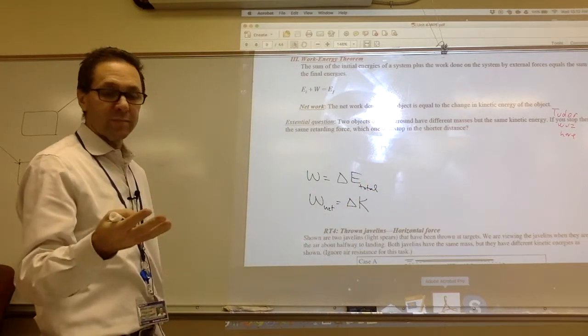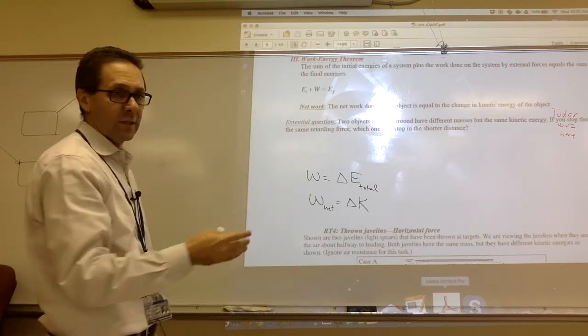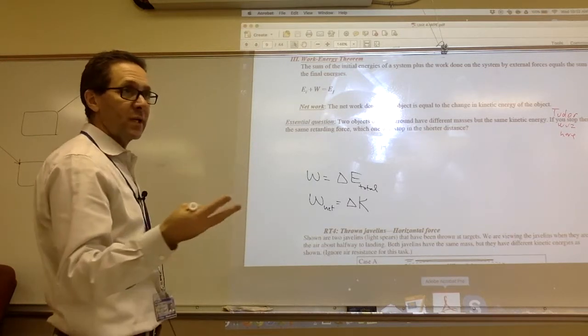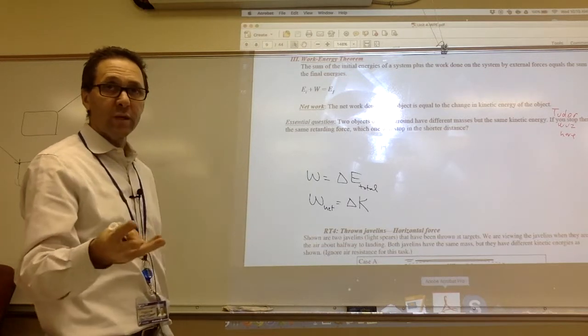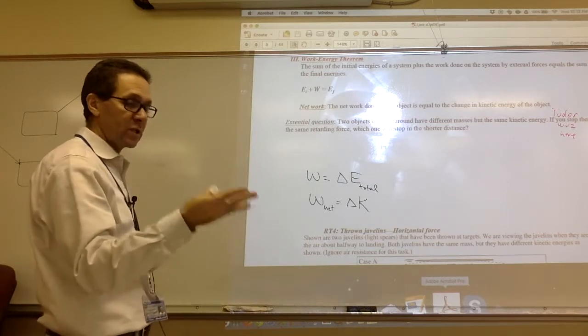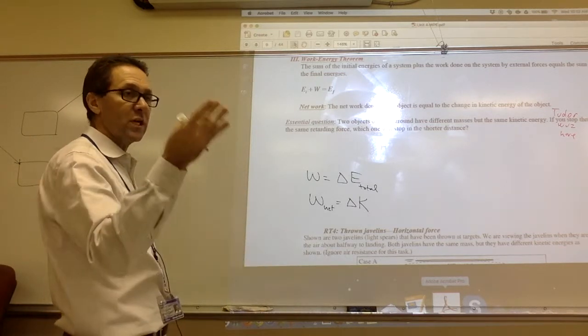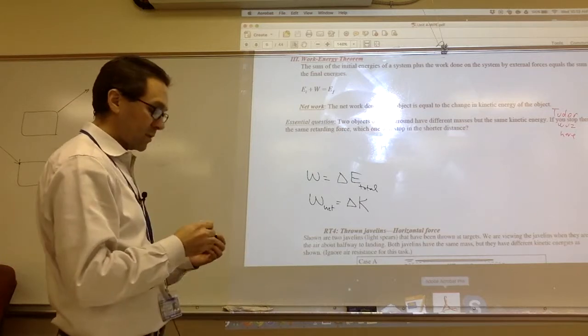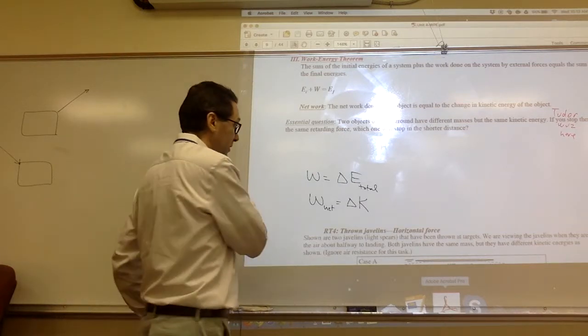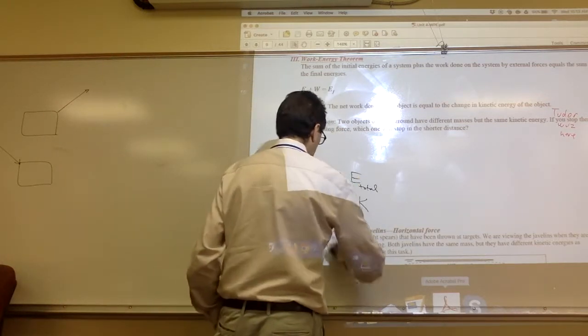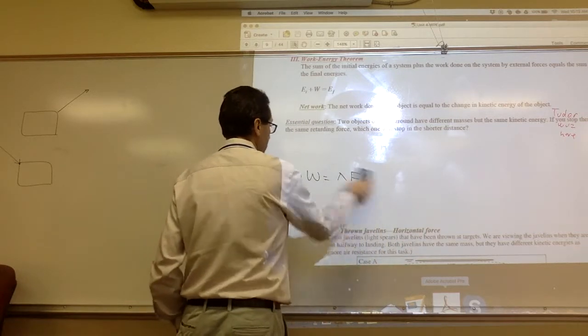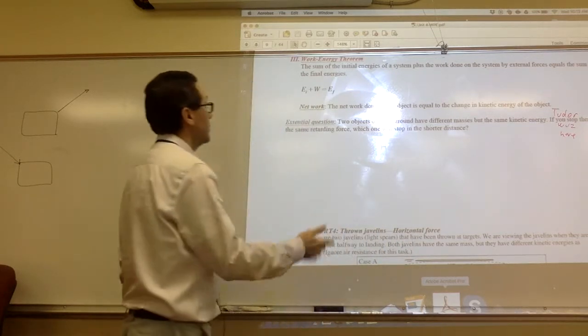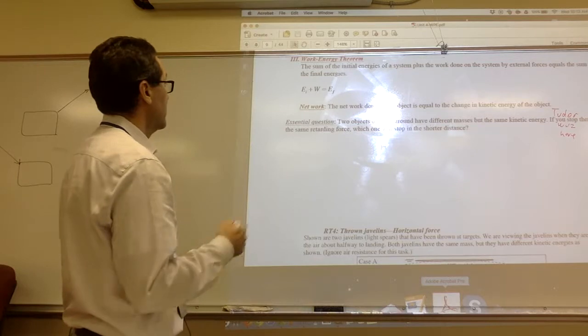Mechanical energy means we're talking about spring potential energy or elastic potential energy, gravitational potential energy, and kinetic energy. But this rule applies to pretty much everything, even chemistry, right? When you do work, you change the energy level of something.